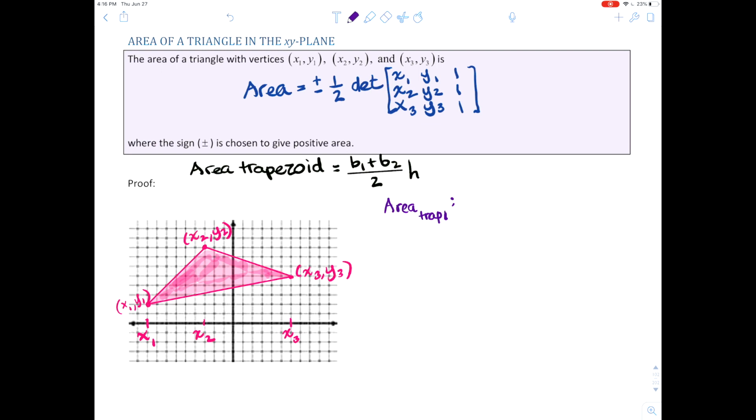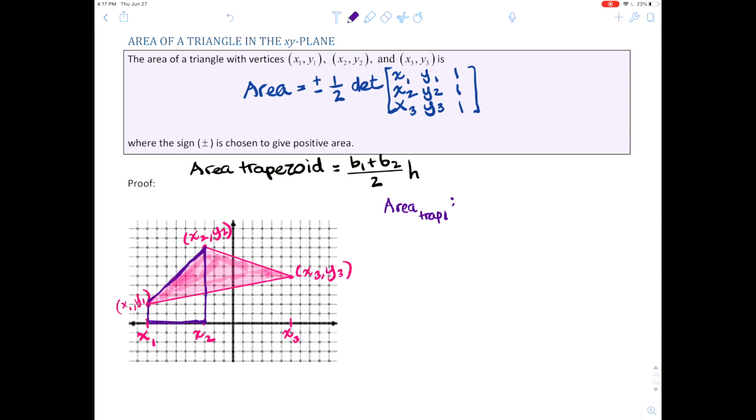Let's make trapezoid 1 be here and here and then here and here. Good so far?